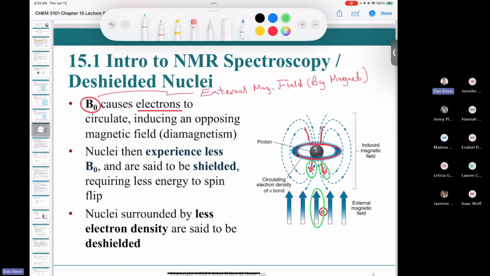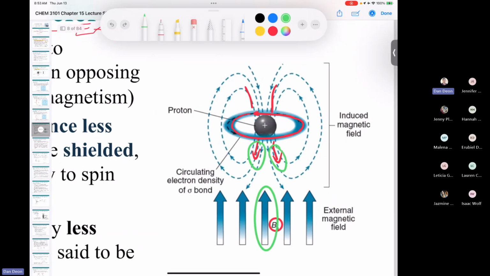So what does that mean? It means that the nucleus, which can do the spin flip, going from the alpha to the beta spin state, is going to feel a little less of that magnetic field if it has more electrons around it. If you're not following me, listen very carefully. The more electrons I have surrounding my nucleus, the greater the magnetic field is going to be that's opposing the externally applied magnetic field.